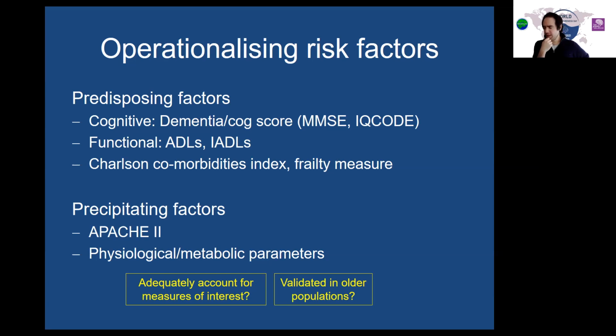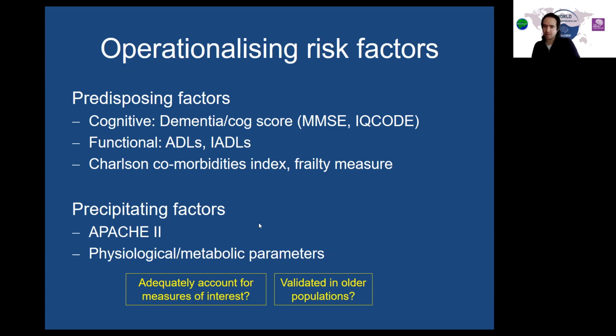But is a heart rate of 110 in someone who's 90 with a pre-existing frailty index of 0.5 really the same as someone else who's much fitter sustaining a higher heart rate? Again, we don't have great natural history data on all those things, but in the art of the compromise, you measure what you can as best you can.